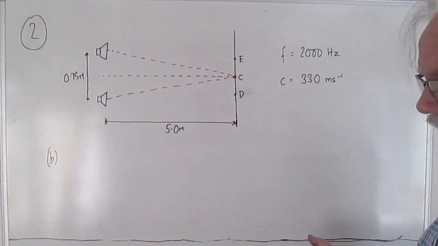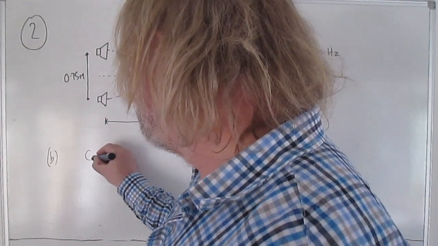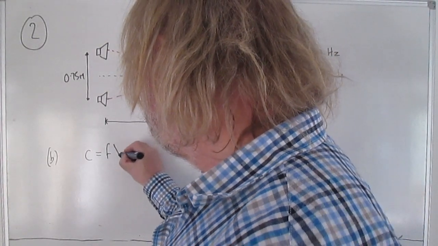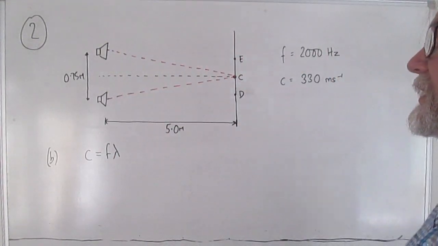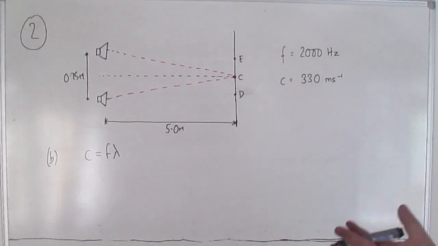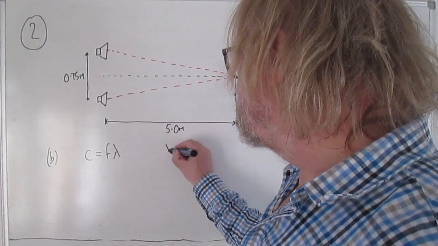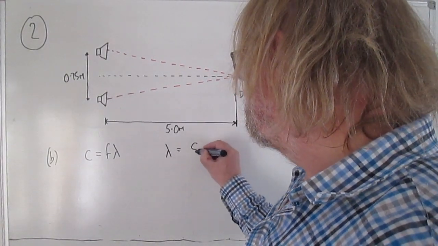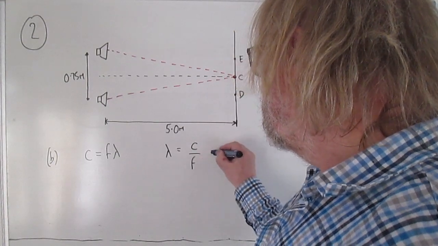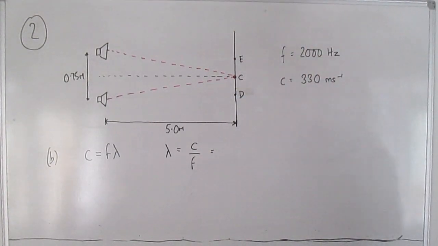B asks us to calculate the wavelength of the sound, so we start with this relationship that c, the speed, is equal to the frequency times the wavelength, so that's on your data sheet. Therefore trivially we can rearrange that to get that lambda is equal to c over f, and then we can just plug the numbers in.